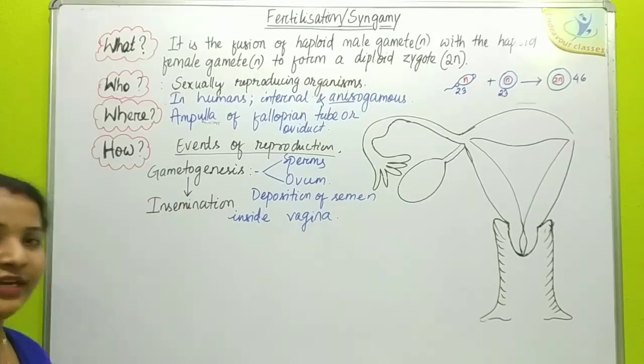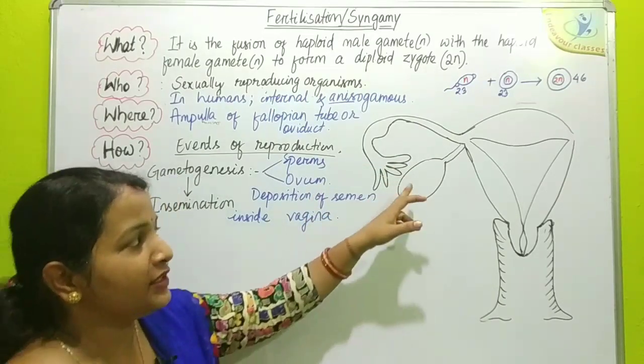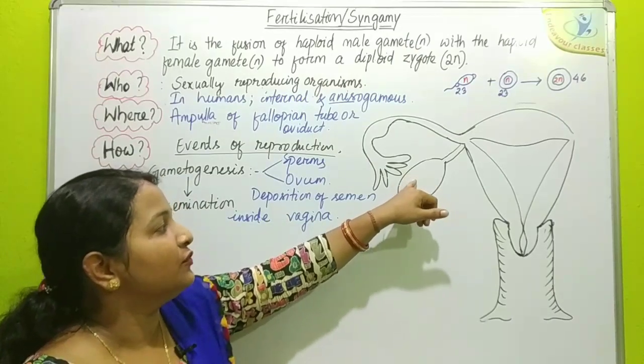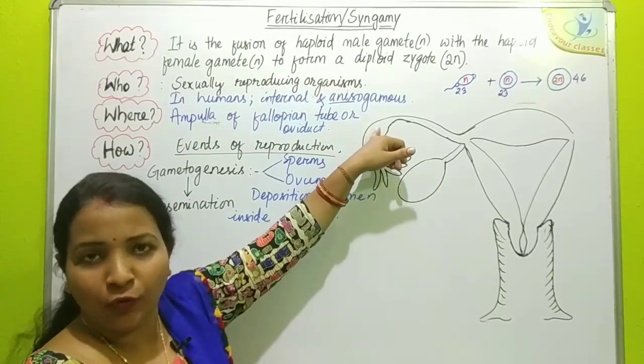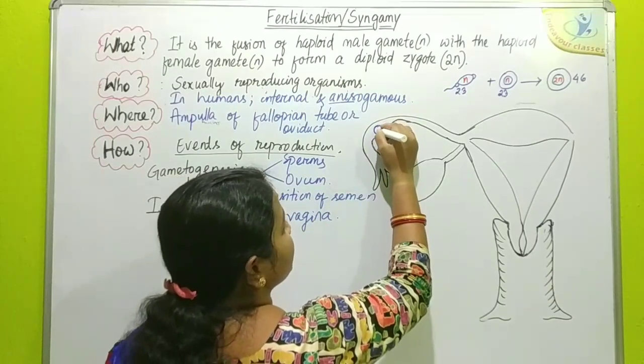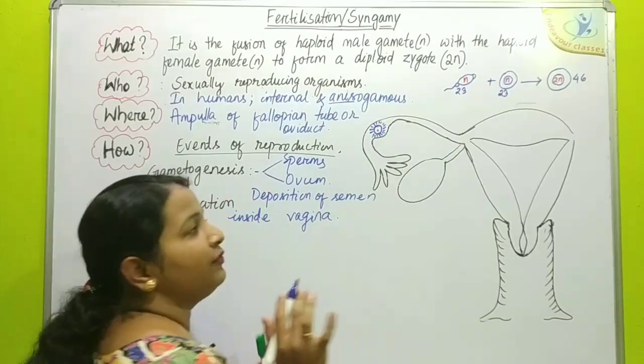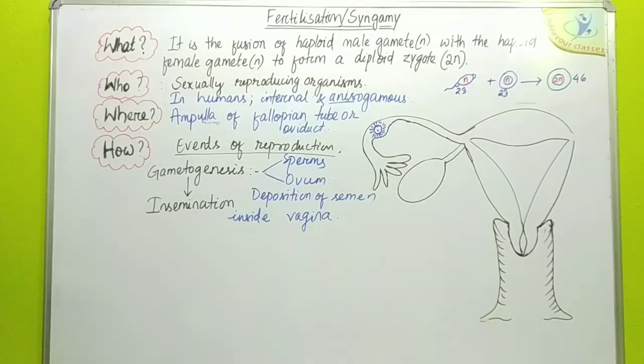So why is there a need for insemination in humans? Because the female gamete or ovum or secondary oocyte which is released from the ovary during ovulation, suppose here let me draw, suppose this is the secondary oocyte, and after ovulation it reaches the ampulla.